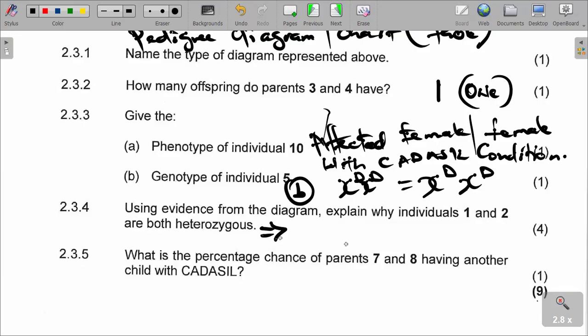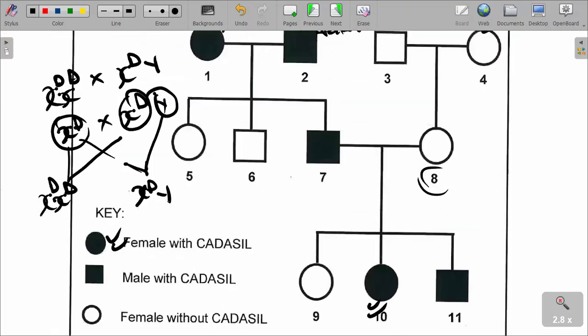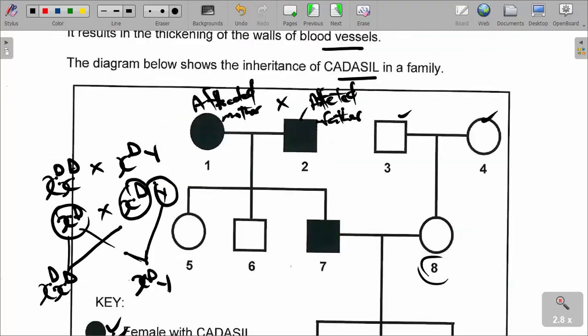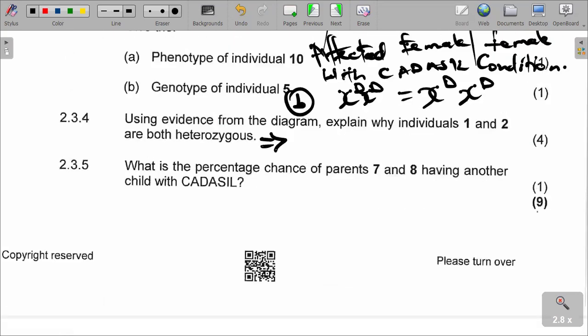If we say individual 1 and 2 are heterozygous, it means the mother is not affected and she is a carrier, and the father is also heterozygous. So it's a matter of calculating those.